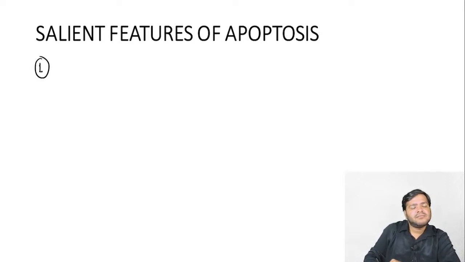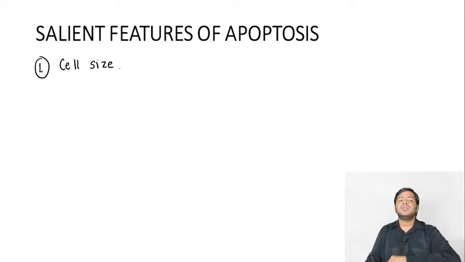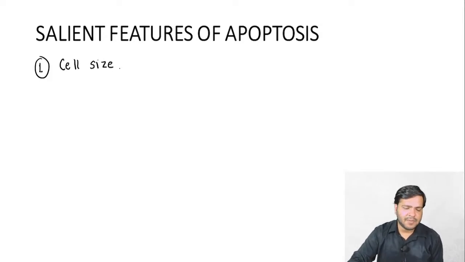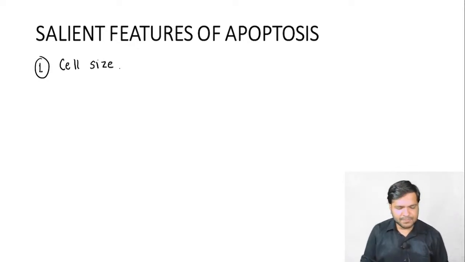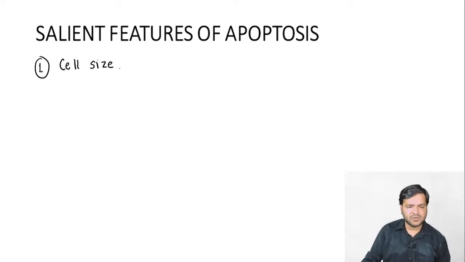The very first one that I have discussed in the table is the cell size. Now, from the table, guys, just tell me what happens to the cell size in case of apoptosis. Yes, very good.